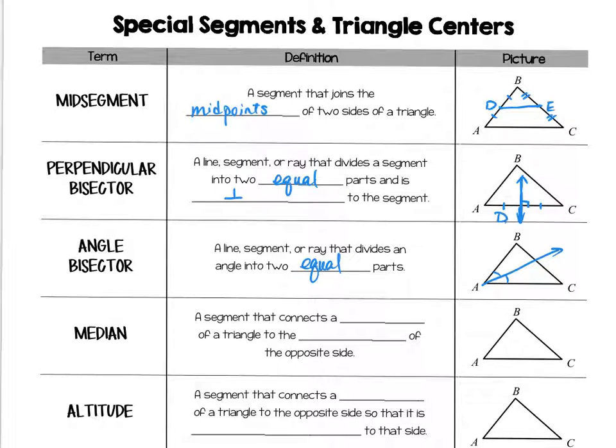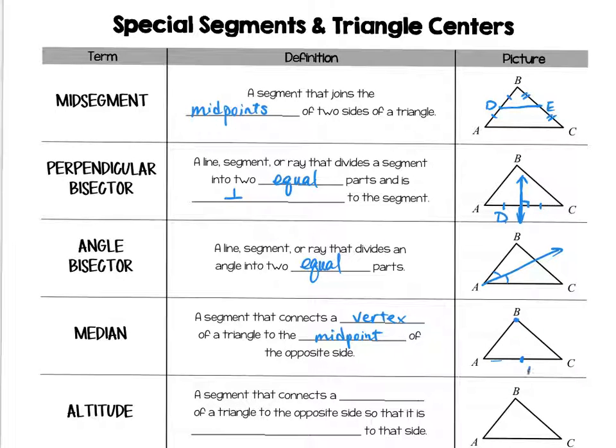A median is a segment that connects a vertex of a triangle to the midpoint of the opposite side. So let's take a look here. If I have a vertex B and I look across the triangle, the opposite side is AC.